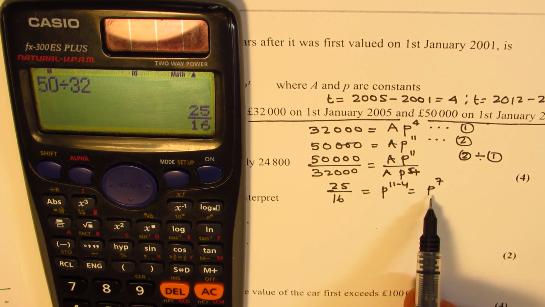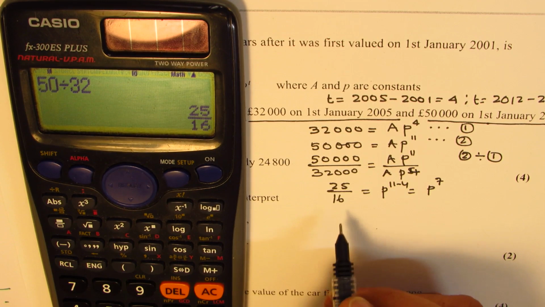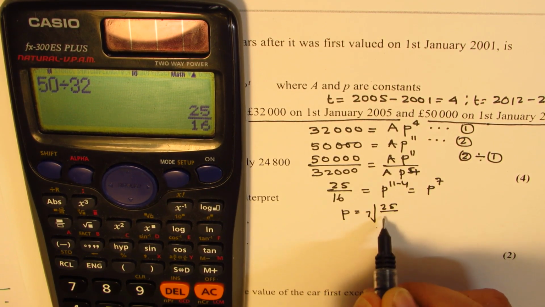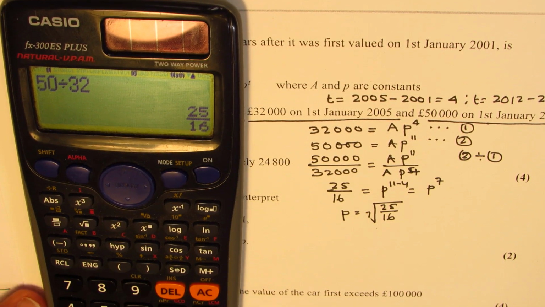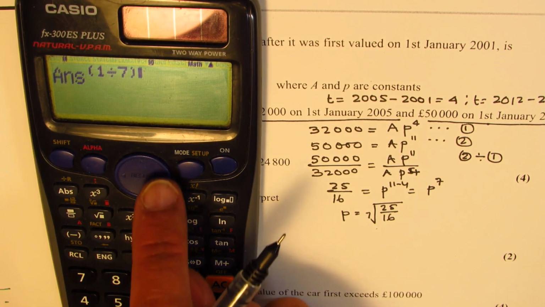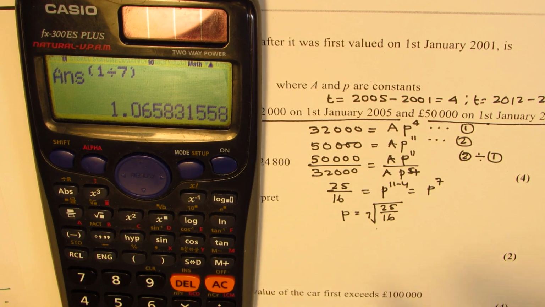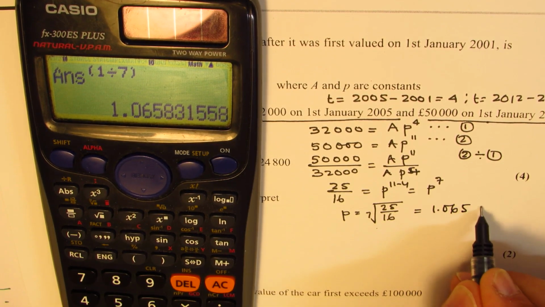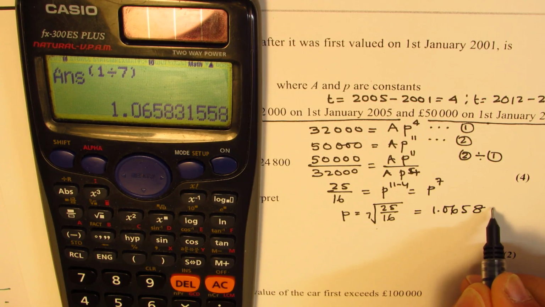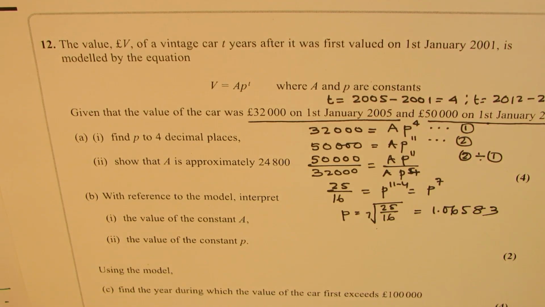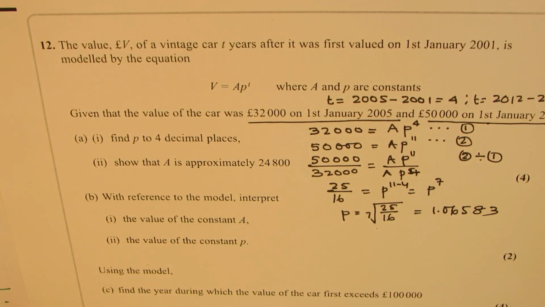From here we can find the value of P. P will be equal to the 7th root of 25 over 16, so we raise it to the power of 1 divided by 7. That gives a value of 1.06583.